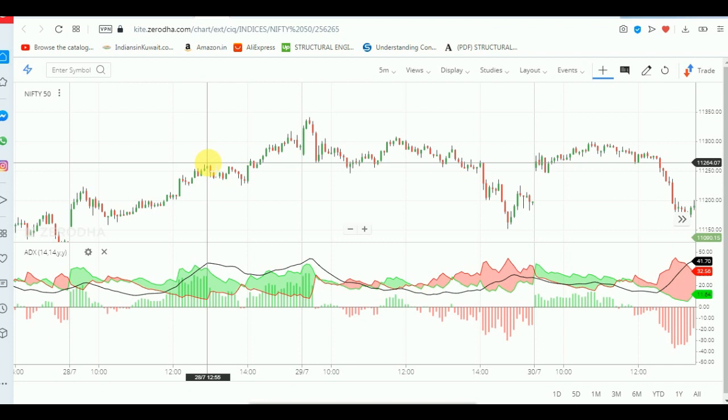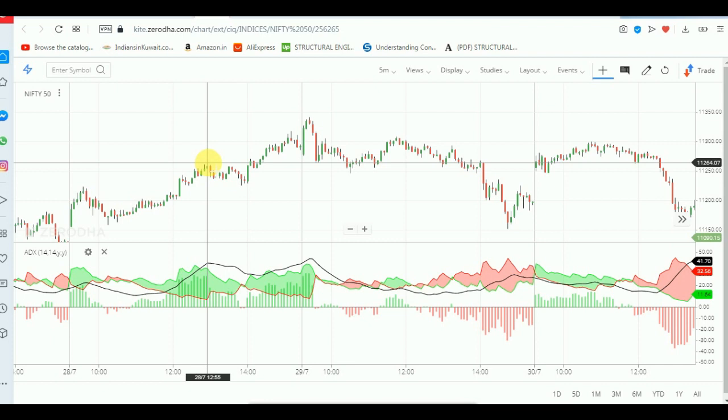Many of the indicators may give false signals, but this particular indicator, yes, every indicator has its own advantage and disadvantage, but since we have both the trend as well as the strength indication, this works very well in daily trade especially.